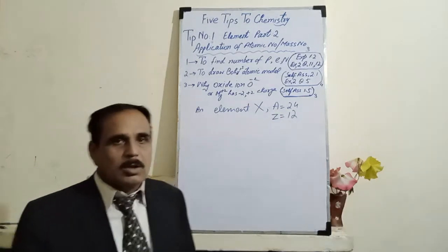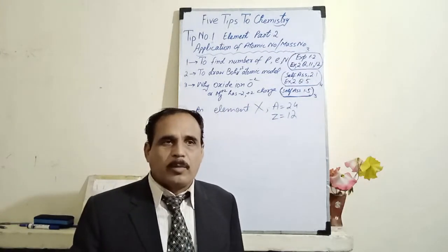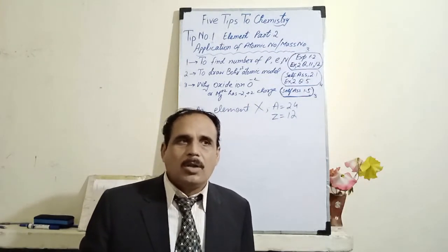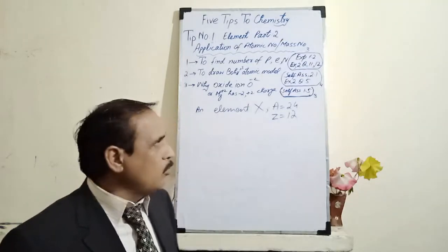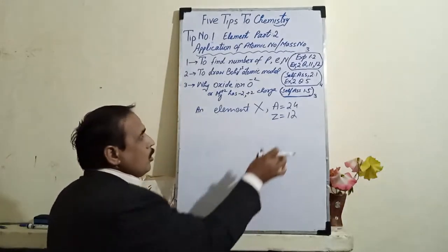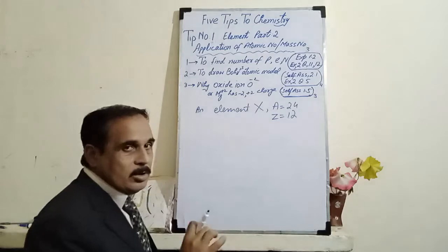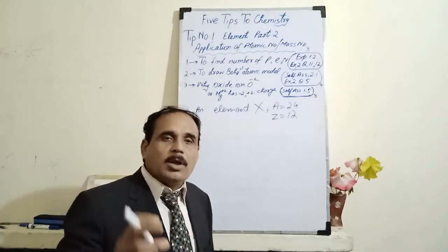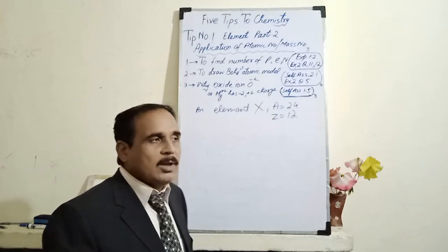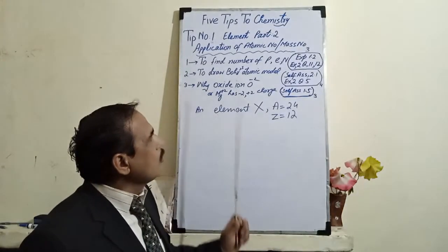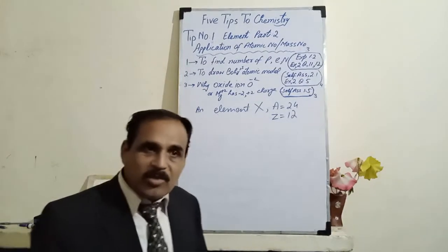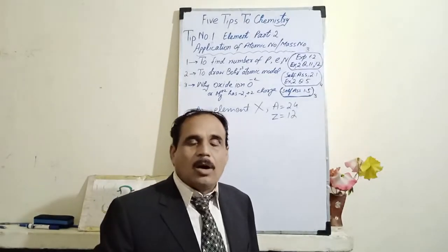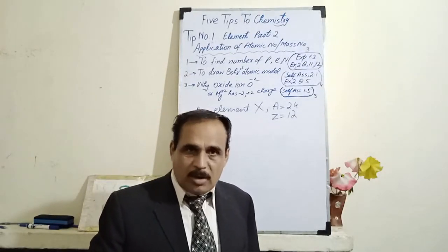A is the symbolic form of mass number, Z is the symbol of atomic number. Now we can find the number of electrons, protons and neutrons in this element X. We can also tell its name.